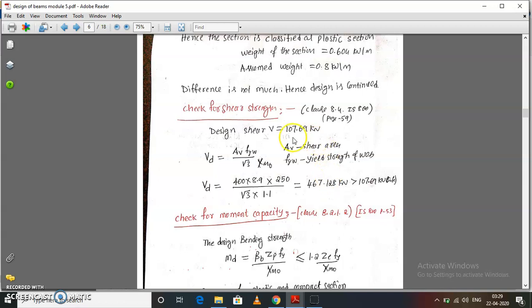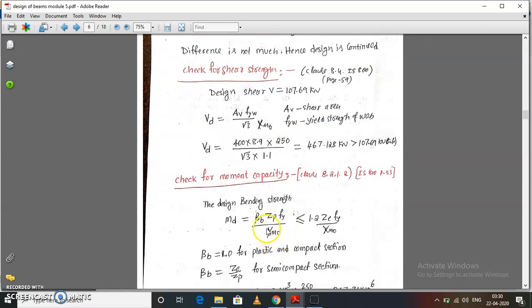Now compare this value with our calculated value of V, which is 107.69. So 0.6 times Vd works out to be 0.6 into 467.128, that is 280.276. So V is less than 0.6 times Vd. Hence we have to use Md equal to beta b Zp fy by gamma m0.